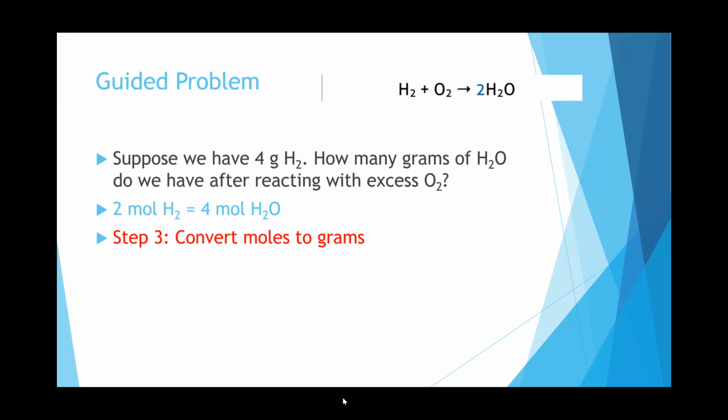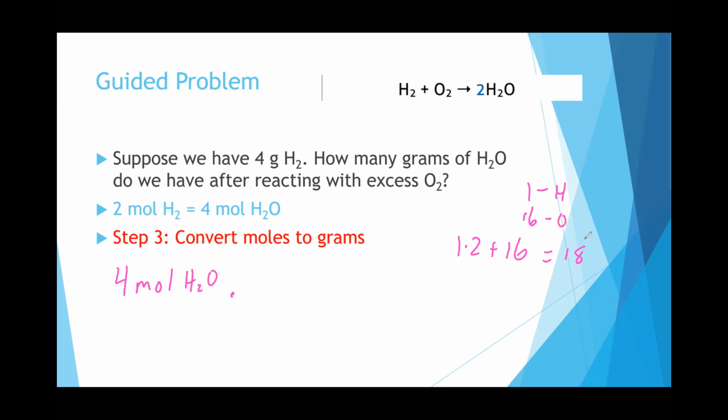So we have 4 moles of water. We want to convert moles to grams, and the only way to do that is molar mass. So 4 moles of water. The molar mass of water: hydrogens are 1 and oxygens are 16, but we have 2 hydrogens and 1 oxygen. So 1 times 2 plus 16, that's 18.